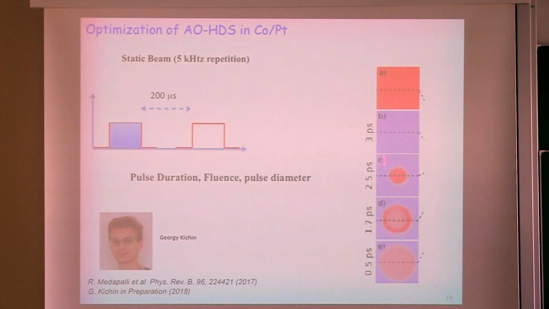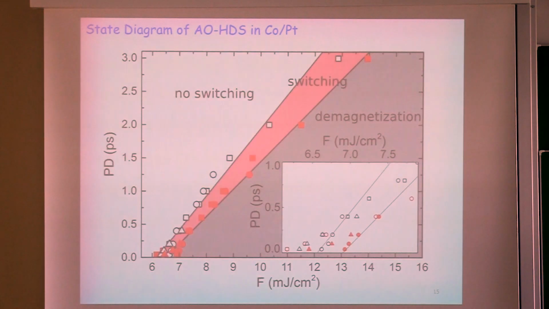So we have done this kind of measurement for many different pulse durations, fluences and pulse diameters, and we could build this state diagram. In this state diagram, we plotted the pulse duration and the fluence, and then we looked at what the magnetic state is after, let's say, 600 pulses.